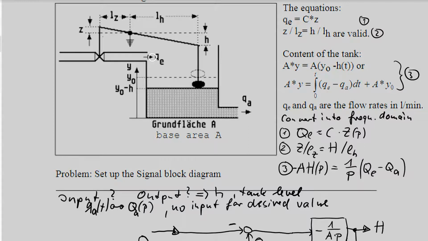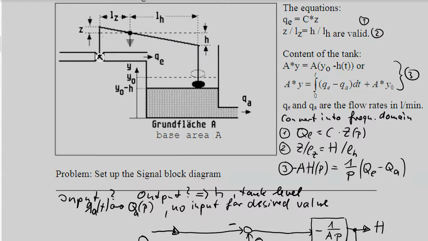If we have the same input flow as output flow, then the change of H comes to an end. If you have 100 liter here, and we want to know the steady state, the final value, then this is the case if QE is 100 liter per minute.